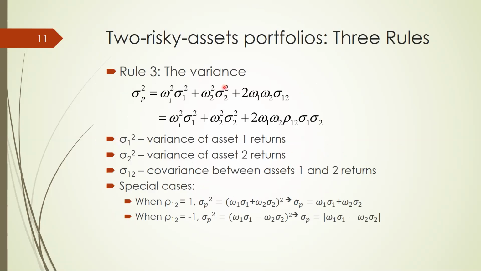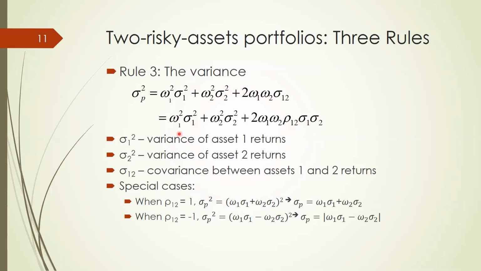The third rule says the variance of the risky portfolio is equal to omega-1 squared sigma 1 squared plus omega-2 squared sigma 2 squared plus 2 omega-1 omega-2 sigma 1 2. You can rewrite sigma 1 2, which is the covariance, into correlation coefficient rho 1 2 times sigma 1 and sigma 2.